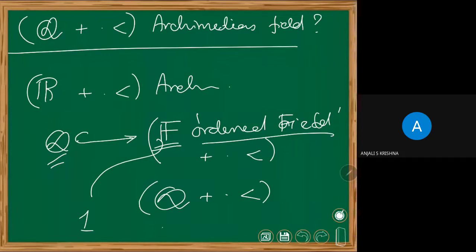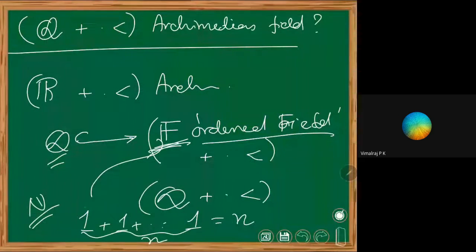A field always has 0 and 1. 0 is the additive identity. 1 stands for multiplicative identity. So that n-fold sum will give all natural numbers. Am I right? Yes. Yeah. So all natural numbers are available in F with its order and multiplication, etc. A further level, m by n's you can define. Quotients.